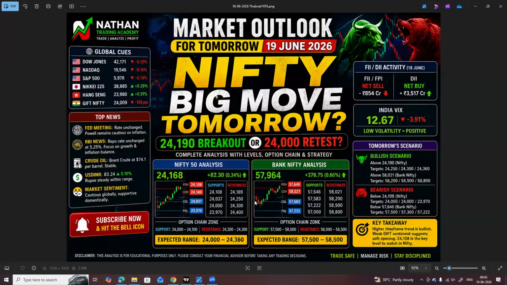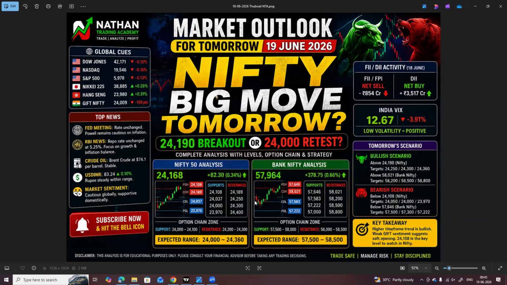If you see the Federal Reserve, which recently kept the interest rates unchanged while maintaining a cautious stance on inflation. This has supported the US dollar and created some pressure on emerging markets. The RBI has maintained the repo rate at 5.25%, providing stability to Indian equities.